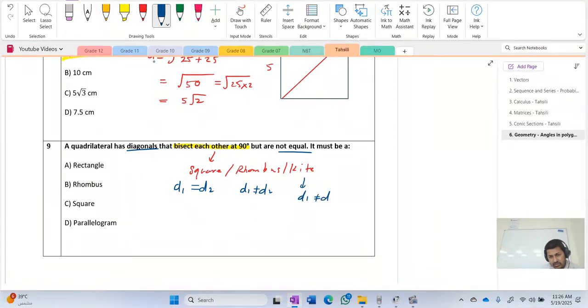If one angle of a rhombus is 60 degrees, what is the ratio of the longer diagonal to the shorter diagonal? Nice question.